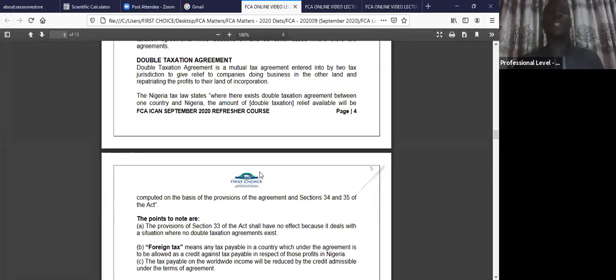Glo does a business, is charged tax in South Africa. Now, because he has been charged tax in South Africa, he's going to bring the whole of the income. So let's say 1 million naira equivalent was the income made in South Africa, and South Africa perhaps would have charged, let's say, 25% tax.